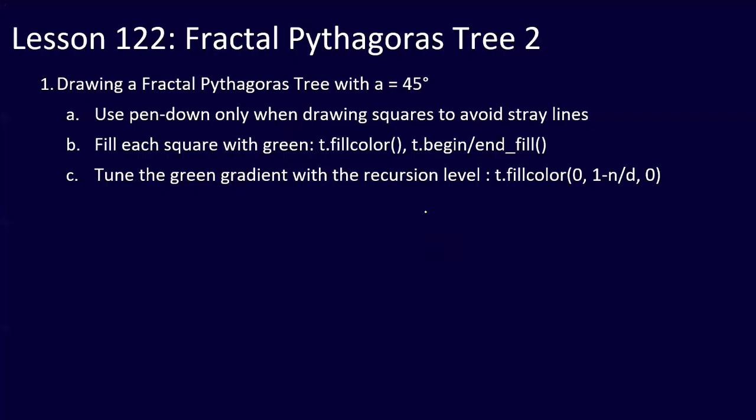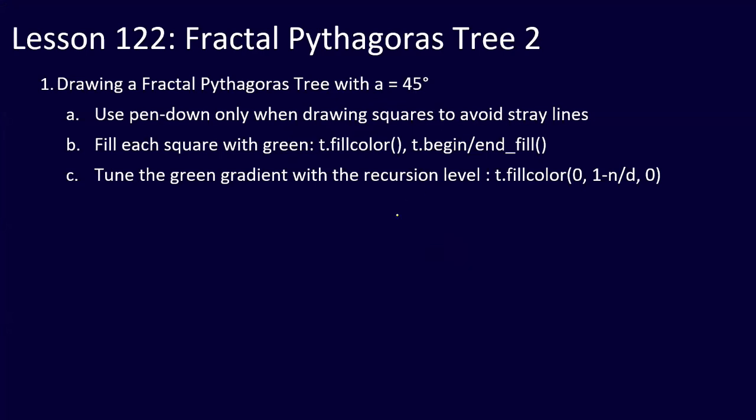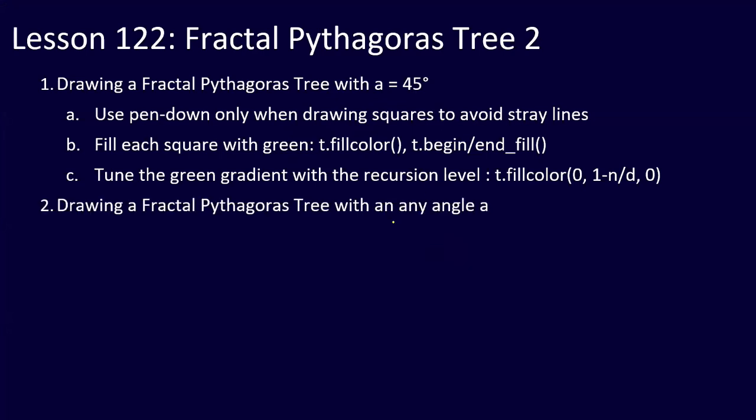But today's main theme is drawing a fractal. So far we used the Pythagoras tree with a triangle with A equals 45 degrees. Okay, but what happens if we draw a more general fractal Pythagoras tree with any angle A?